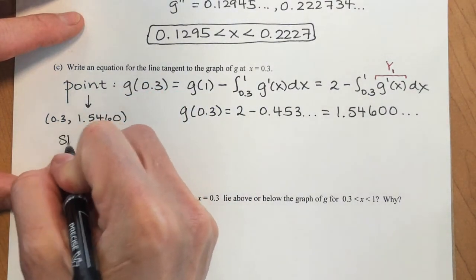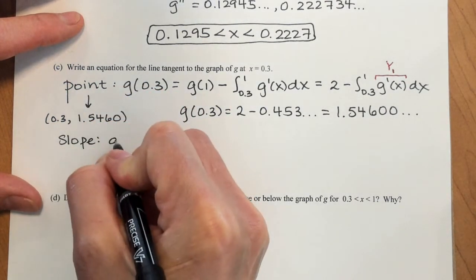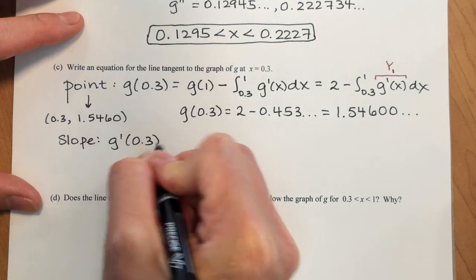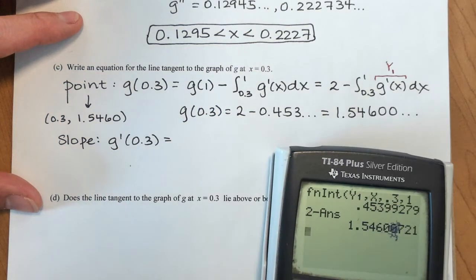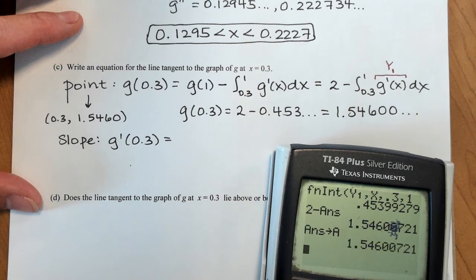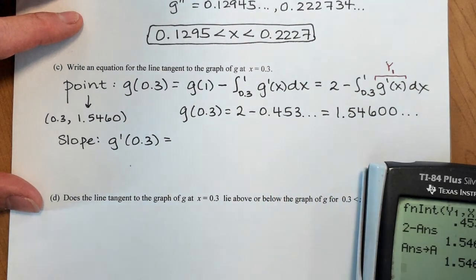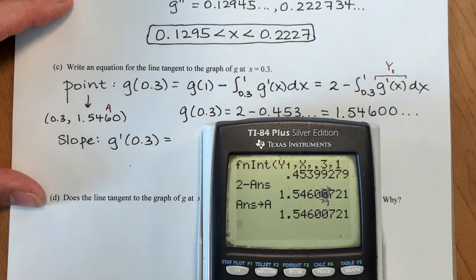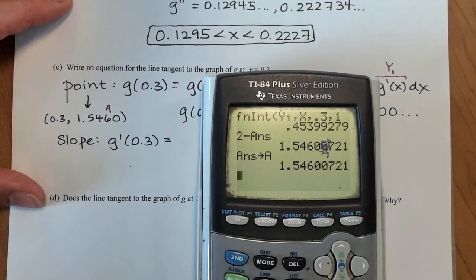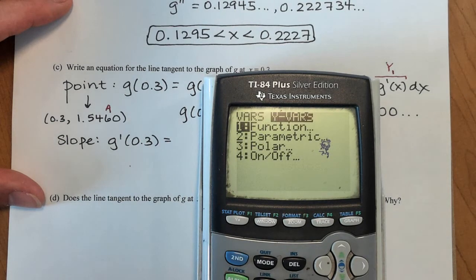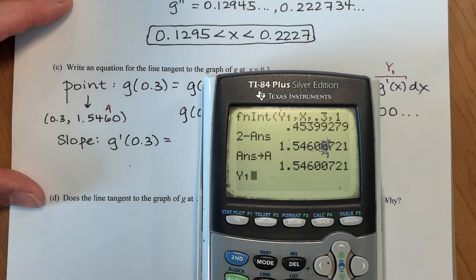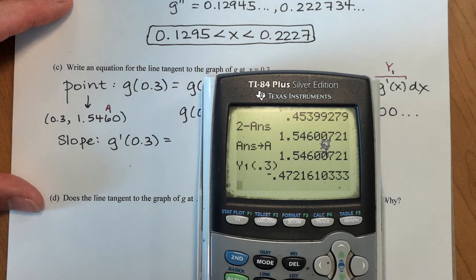And now I need a slope. So that's going to be g prime of 0.3. And I'll just store that in case I need it again. That is stored as A in my calculator. Okay, so g prime of 0.3 is just y1 of 0.3, and I get negative 0.4722.